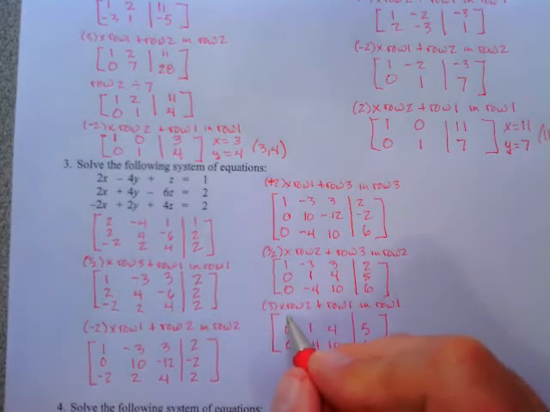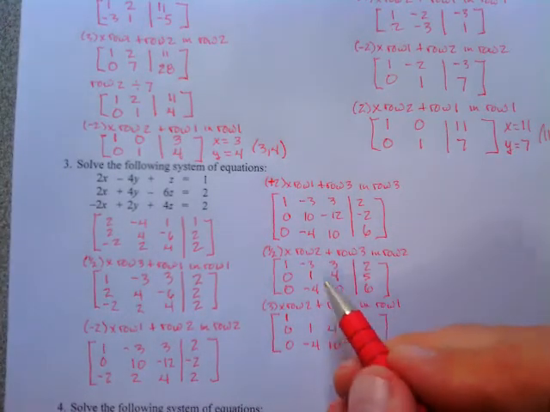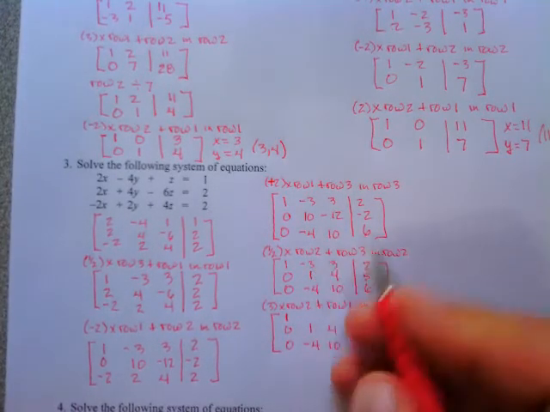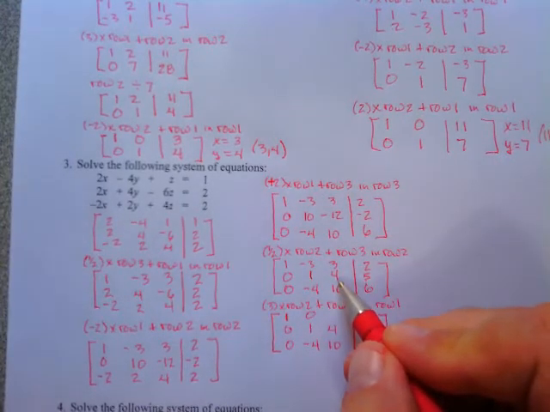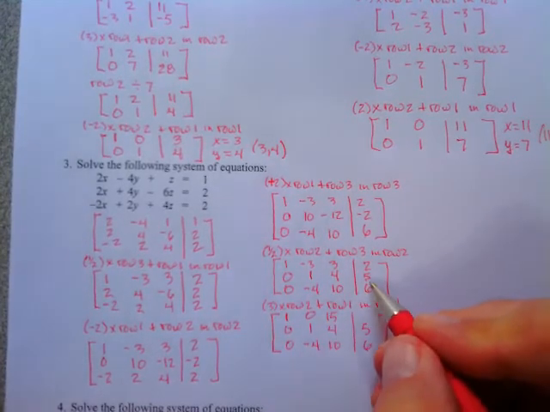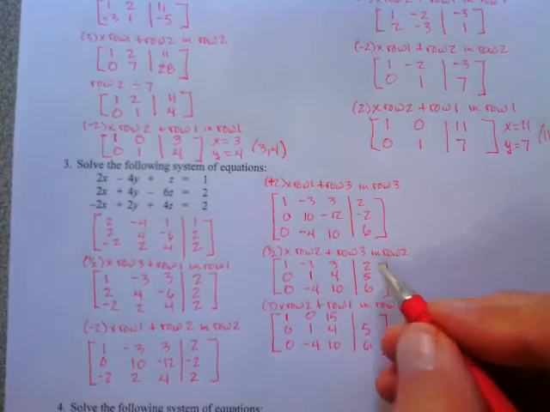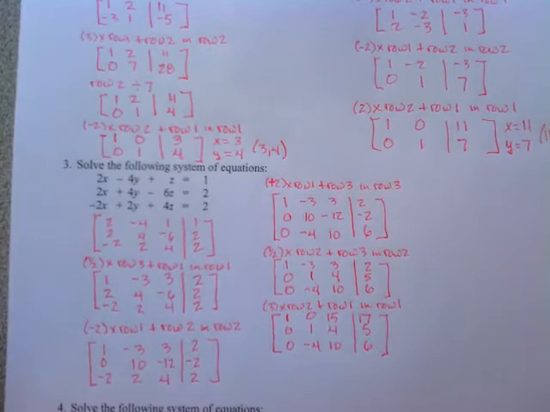Of course, 0 and 1 is just 1. And here, 3 times 1 is 3. 3 and a negative 3 gives me a 0. Here, 3 times 4 is 12. 12 and 3, that's 15. 3 times 5 is 15. 15 and 2, that's 17. But I do have my 0 there now.